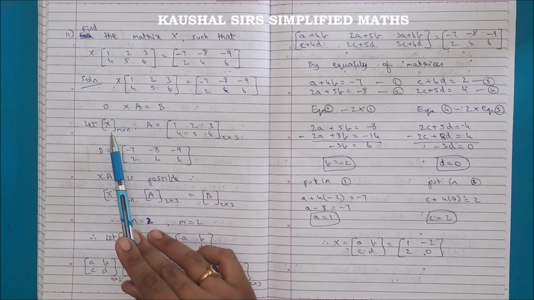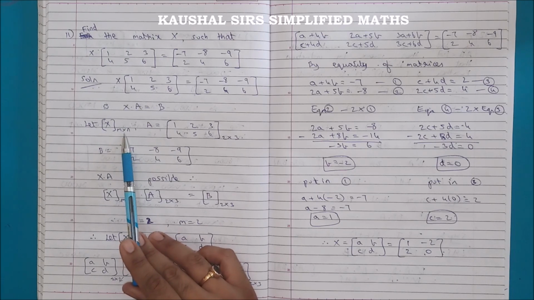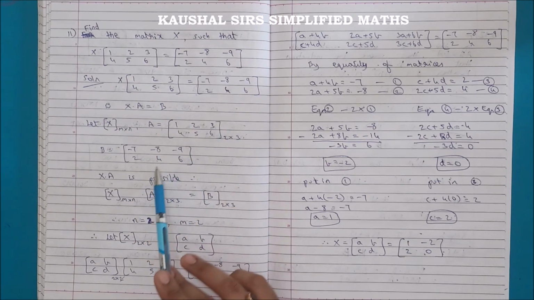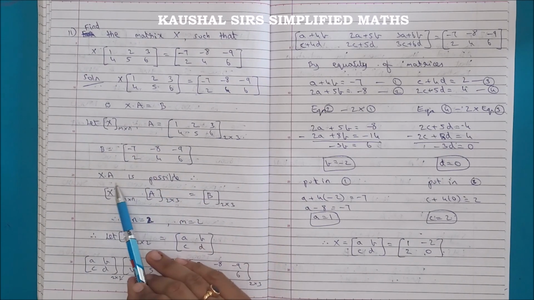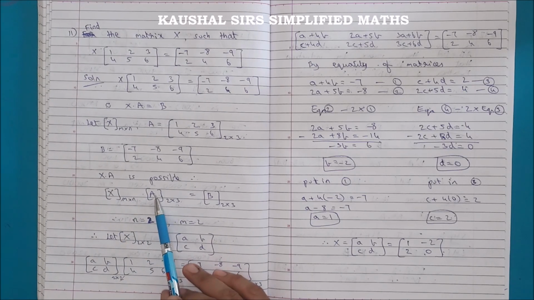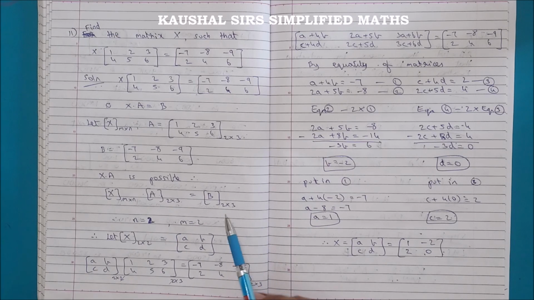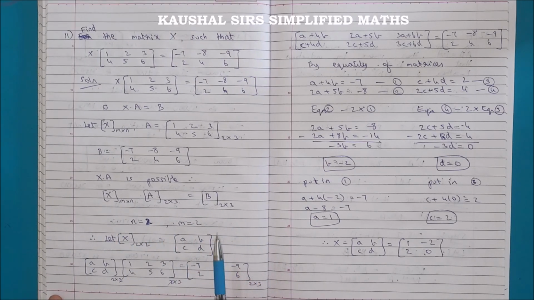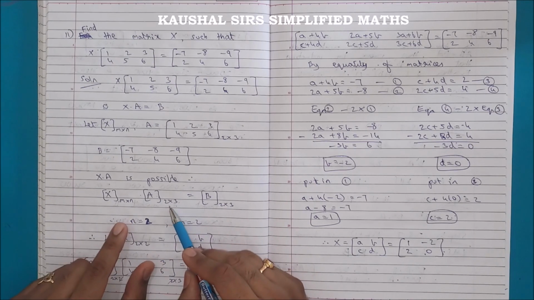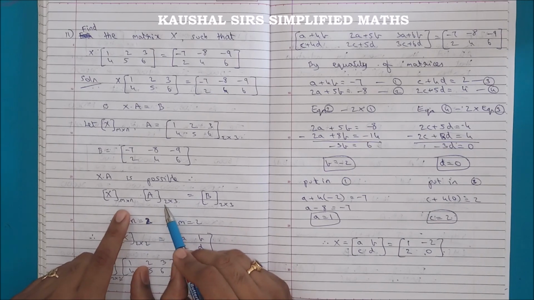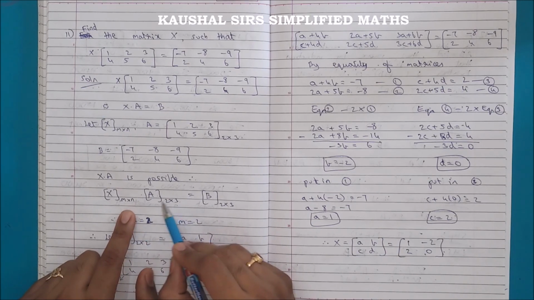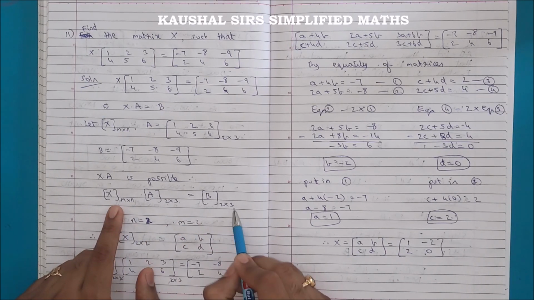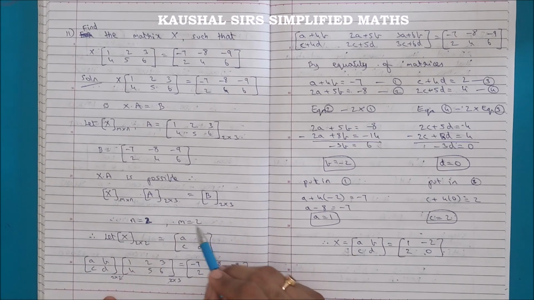ओके, सो x, let the order of the matrix x be m by n. We have to find this. This is A and this is B. Now XA is possible क्योंकि XA डिफाइंड है. इसके लिए हम लोग क्या करेंगे, x का ऑर्डर लिखो m by n, मैट्रिक्स ए लिखो जिसमें ऑर्डर है 2 by 3 एंड द रिजल्टेंट द नेट ऑर्डर आफ्टर मल्टीप्लिकेशन व्हाट यू आर गेटिंग इज योर मैट्रिक्स बी विच इज हैविंग द ऑर्डर 2 by 3. ओके, सो मल्टीप्लिकेशन का रूल अप्लाई कर दो. सो सिंस द मल्टीप्लिकेशन इज पॉसिबल बिटवीन देम, तो ये दोनों सेम होता है तो n का वैल्यू डायरेक्टली हमको यहाँ से 2 मिल जाएगा एंड द नेट ऑर्डर व्हाट वी गेट स्टूडेंट्स इज व्हाट m by 3. बट यहाँ पे नेट ऑर्डर क्या है 2 by 3, तो m by 3 सेम एज 2 by 3, तो m का वैल्यू क्या मिल जाएगा 2.